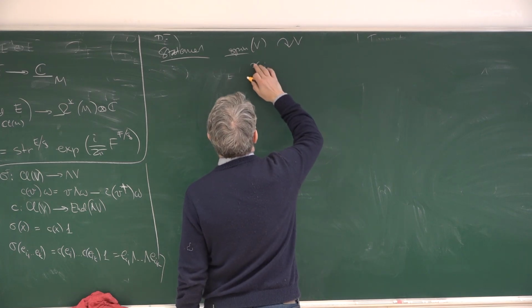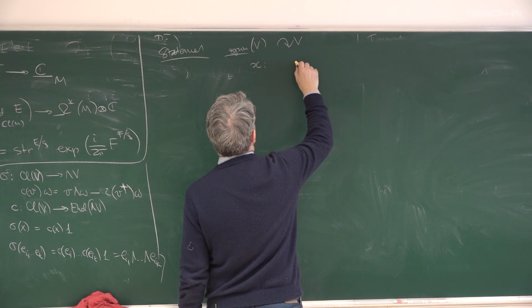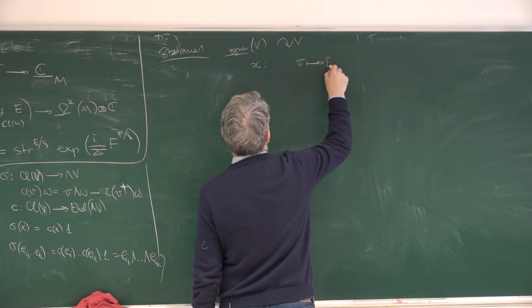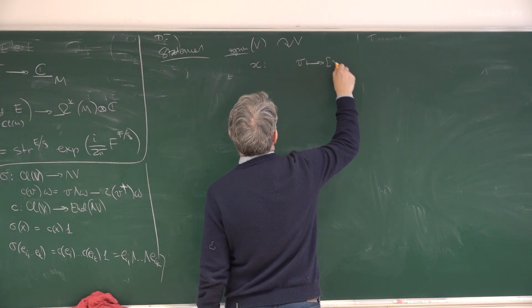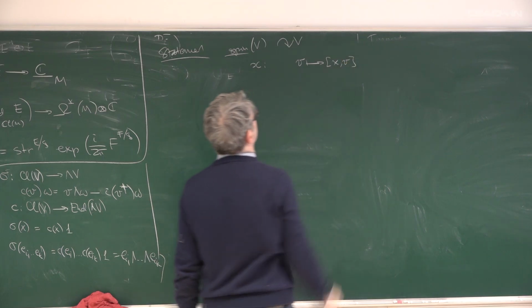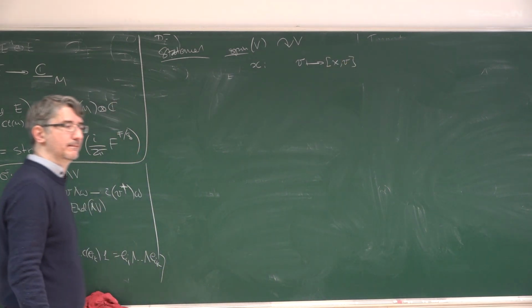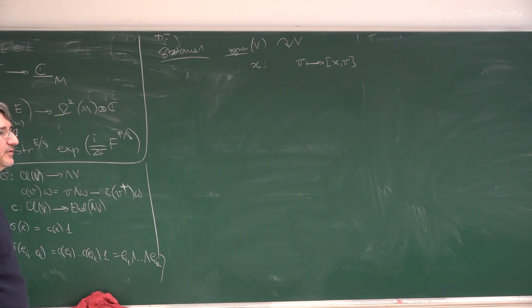So I need to say how X acts here. X sends V to the commutator with X. You will see a very nice presentation of the algebra SO inside the Clifford algebra.